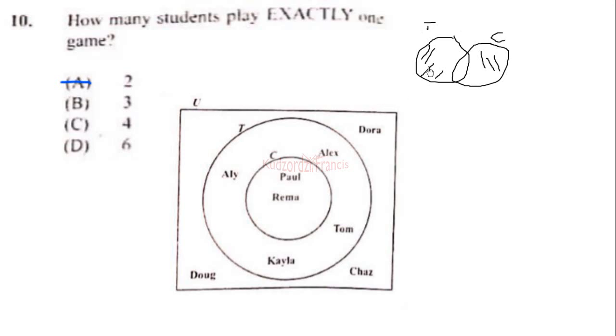So exactly one game will be this region, which is 0. We have 0 people playing that. Then only tennis, we have 1, 2, 3, 4 people playing that. So 0 plus 4 will be equal to 4. So exactly one game is 4 people.